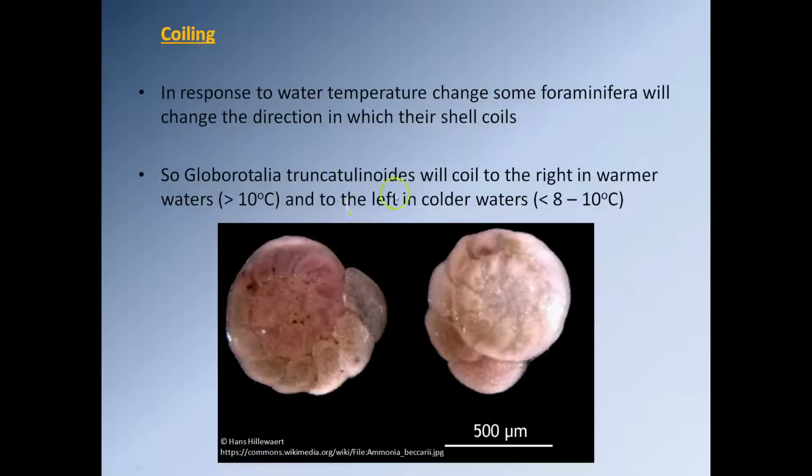This particular species will coil to the right in warmer waters, essentially in excess of 10 Celsius. However, if the water temperature drops below 8 to 10 Celsius, it will begin to coil to the left. So, once again, just by a simple observation of the foraminifera, you can very quickly work out the approximate range of the water temperature. Was it warmer or colder than 10 Celsius?